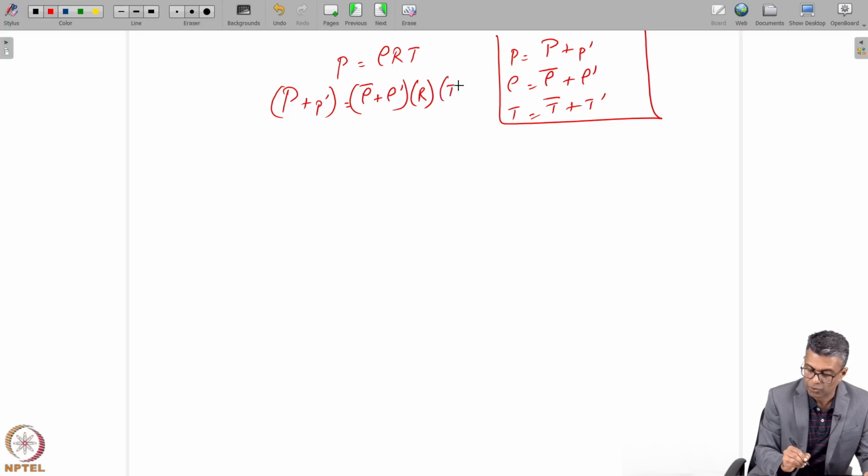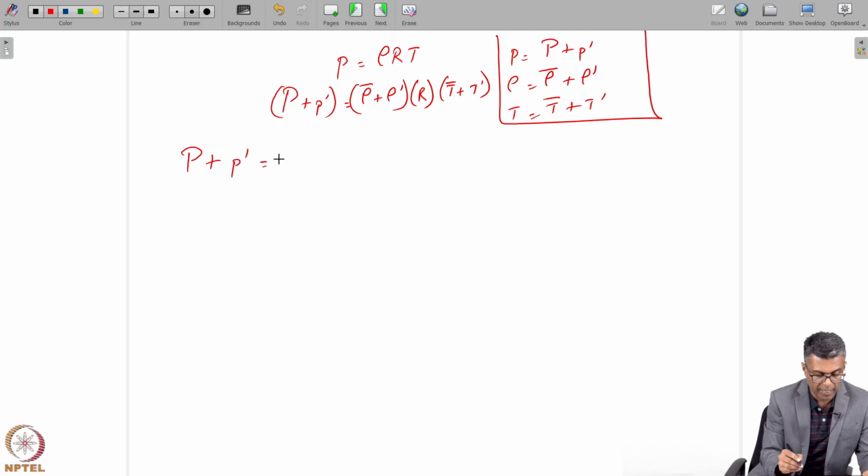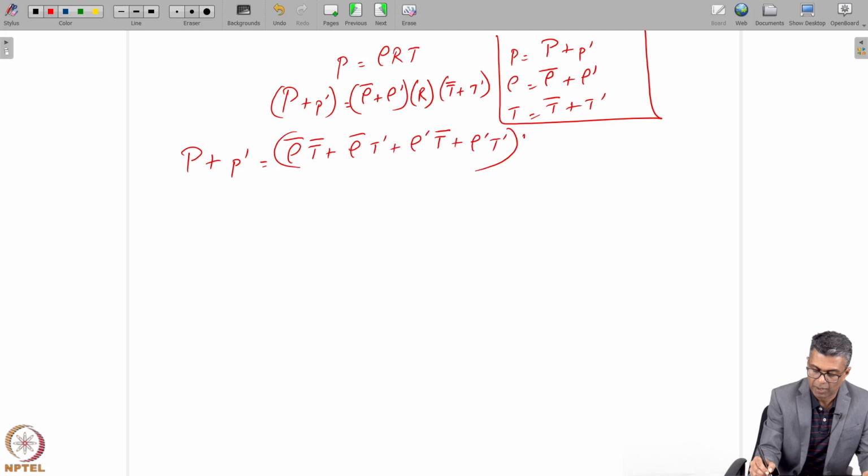Temperature, of course, I need to decompose it, so T bar plus T prime. On the left hand side, I will have capital P plus P prime. And on the right hand side, I just multiply it out. So I will have rho bar T bar, then rho bar T prime, then rho prime T bar, and rho prime T prime. This whole thing multiplied by R.